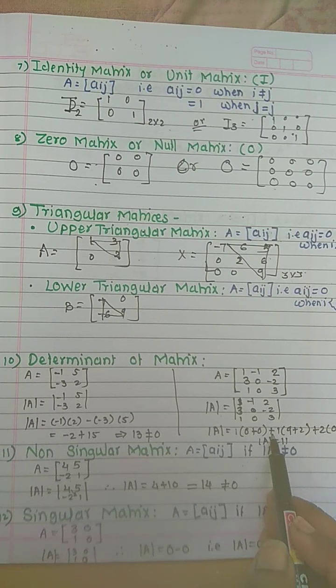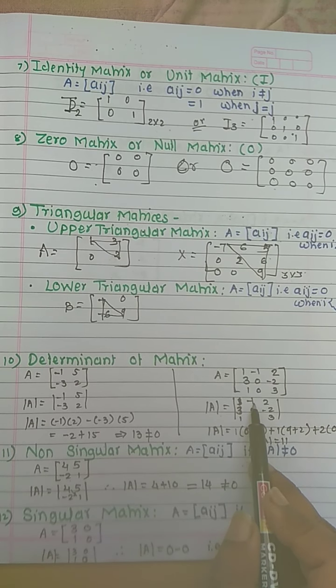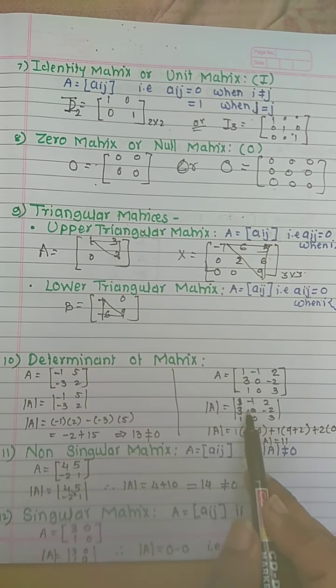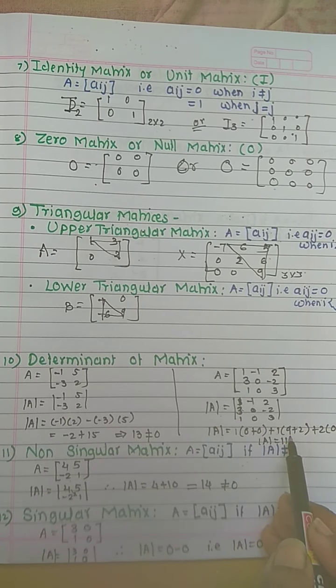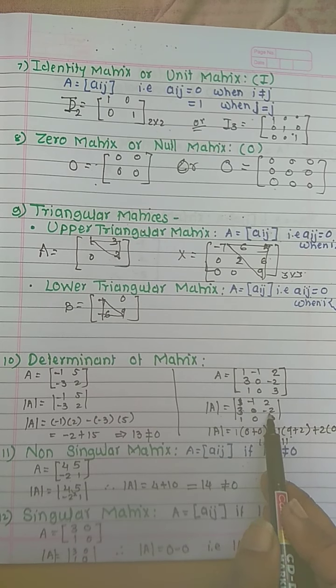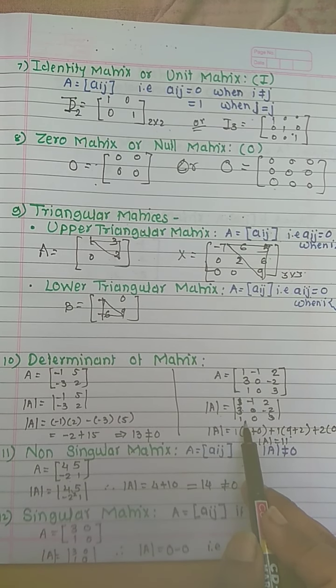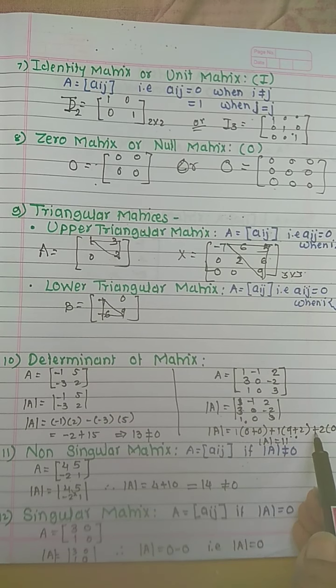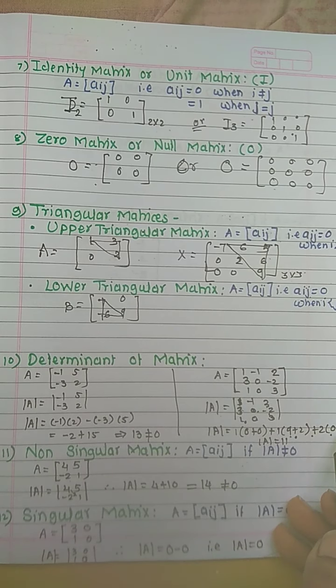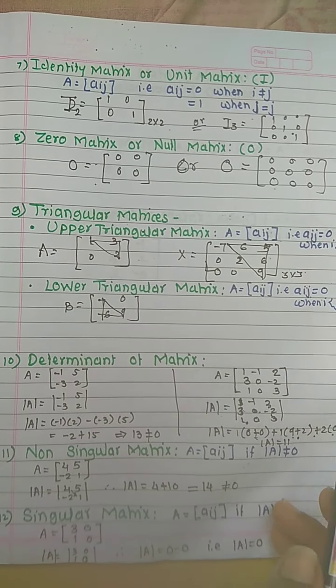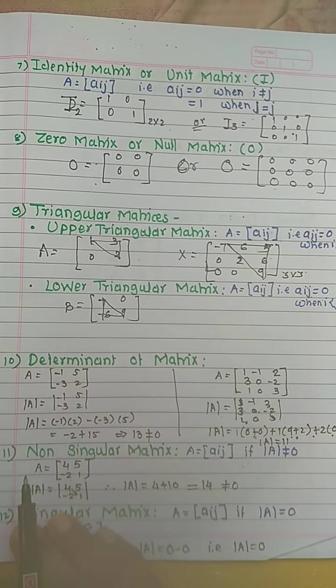This sign is always negative, negative into minus 1 gives plus 1. 3 into 3 is 9, minus 2 into 1 gives plus 2, and plus 2. 3 into 0 is 0, minus 1 into 0 is 0. Now we can simplify this equation, we get the determinant of A equal to 11.